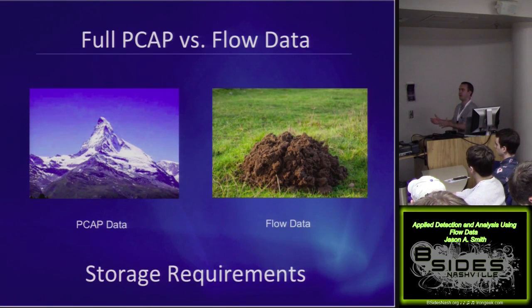So the storage needs you have for NetFlow are 0.01 to 0.02% of that. It's very, very small by comparison. If you're already storing full packet capture, there's no reason not to have a little bit more storage for as much NetFlow as you possibly want.